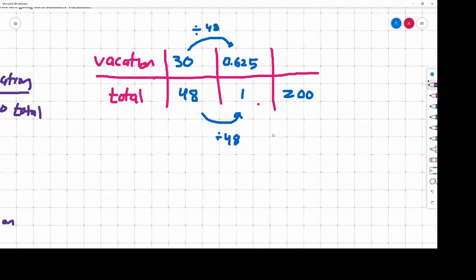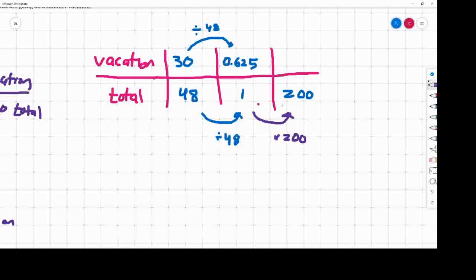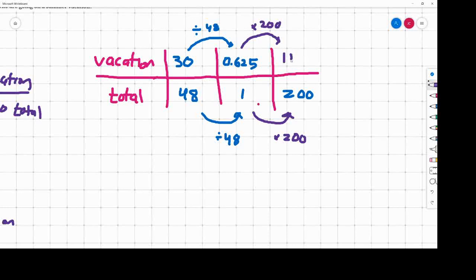Right? Now, whatever we do to get 1 to 200, we have to do the same thing to the top here. So what number do you have to multiply to 1 to get 200? Well, 1 times 200 gives us 200, and then 0.625 times 200 gives us 125.